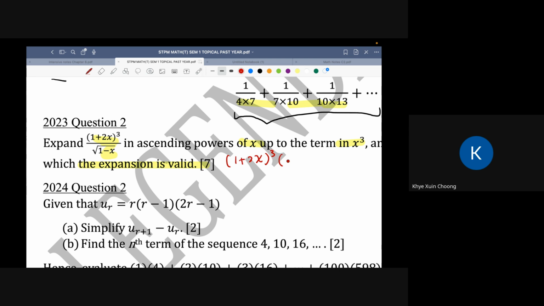You can write it like this. If you are unsure, you can write it like this, plus negative x. Then you expand both up to x cubed and multiply them together. You only need to write down the terms up to x cubed.